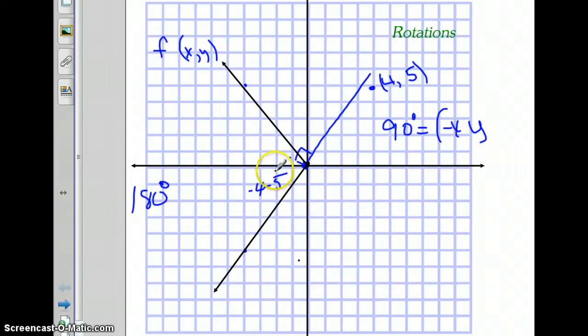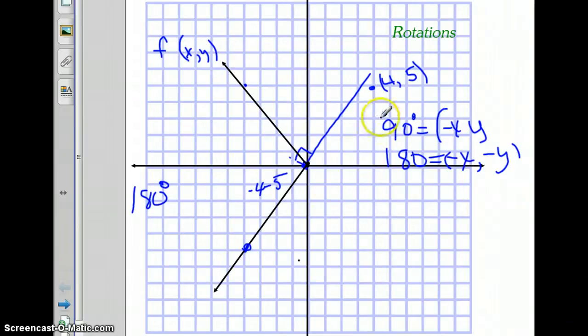So if you went left 4 and down 5, that's where we are. That's our 180-degree rotation. So a 180-degree rotation would be marked with negative x, negative y in that order, because that's the quadrant it was found in.